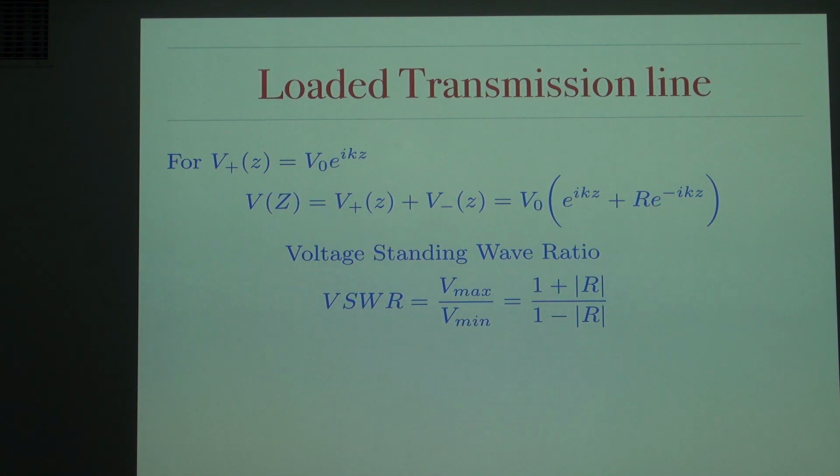So that allows me to calculate the quantity which is of tremendous use to the radio engineer, which is called voltage standing wave ratio, which is given in terms of the reflectivity coefficient given here, which allows me to turn the cat upside down and calculate the modulus of R in terms of this coefficient, which is, how should I pronounce it? Voltage standing wave ratio.